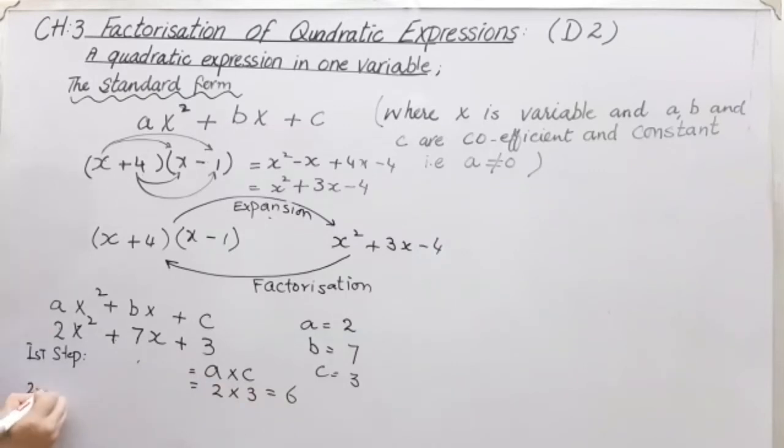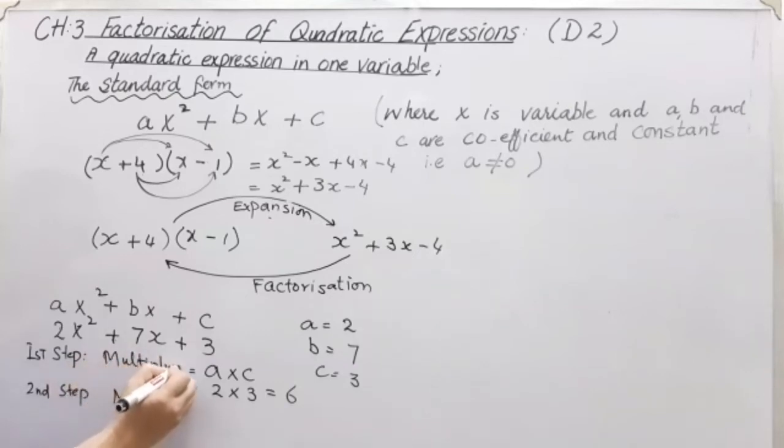Now we make the factors of 6. Second step, making factors of what we get from a into c, 6.